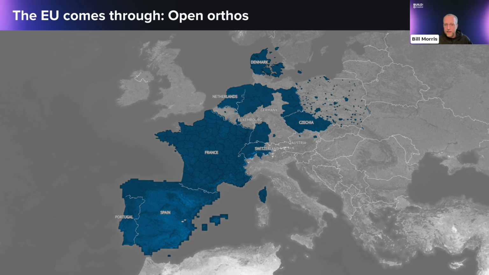It's the entire land areas of France, Spain, Portugal, Czechia, Switzerland, Netherlands, Denmark, large chunks of Germany and Poland. And there are others that we haven't started to access yet, though they're out there. These sorts of things, in combination with the purchases that I mentioned earlier, allow us to have a comprehensive coverage, detailed global base map.